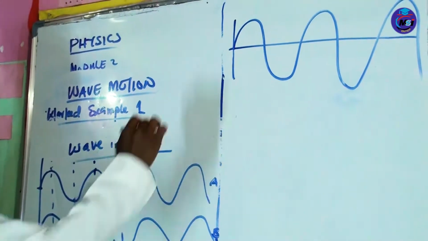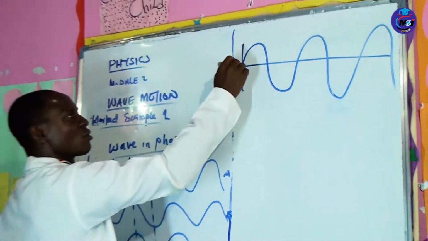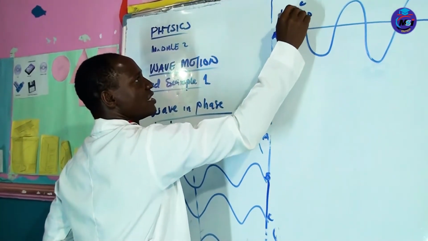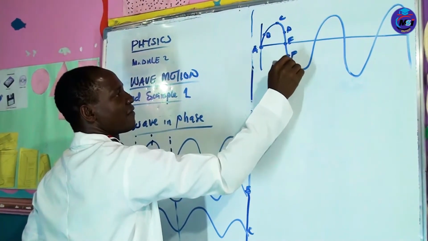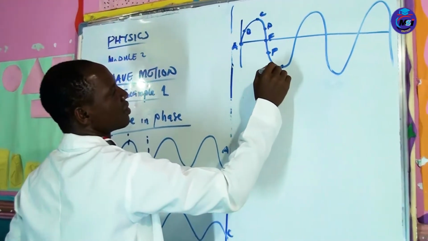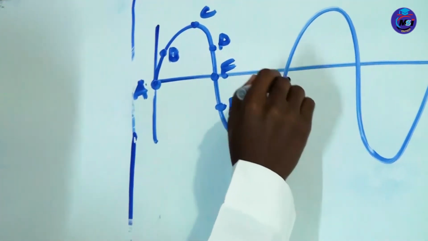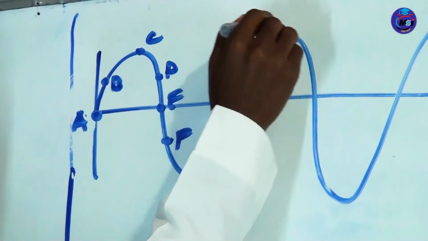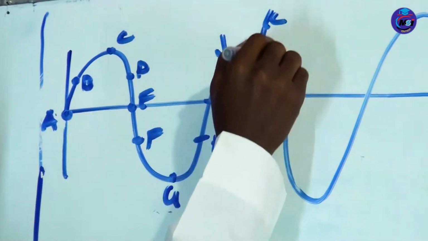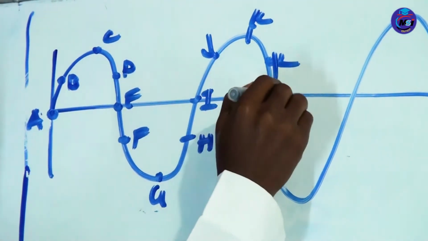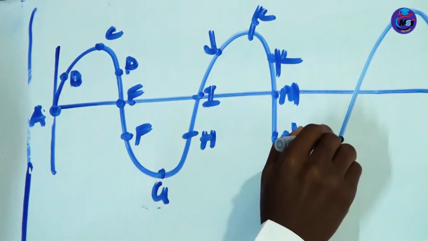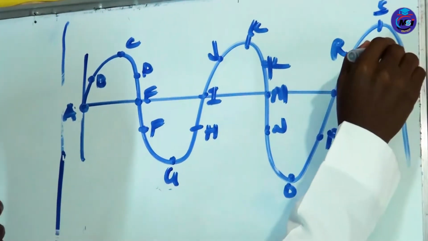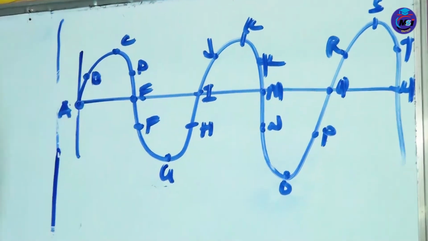that's a wave. My interest now is this point, the equilibrium point. I call it A. My interest here is here B, here C, here D, here E, here F. So let's stop there.